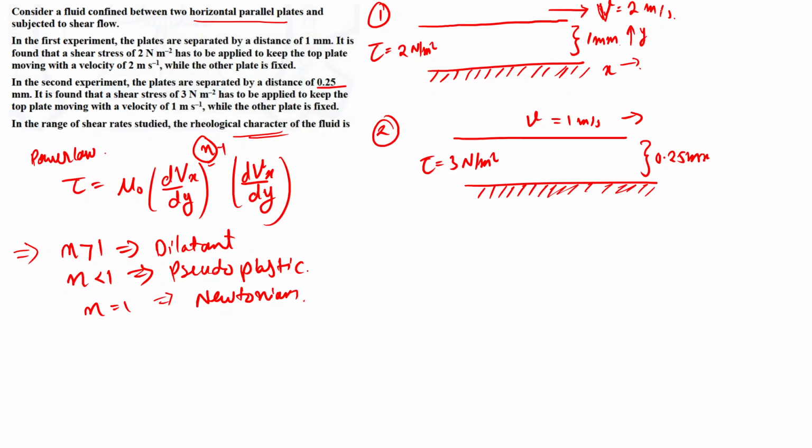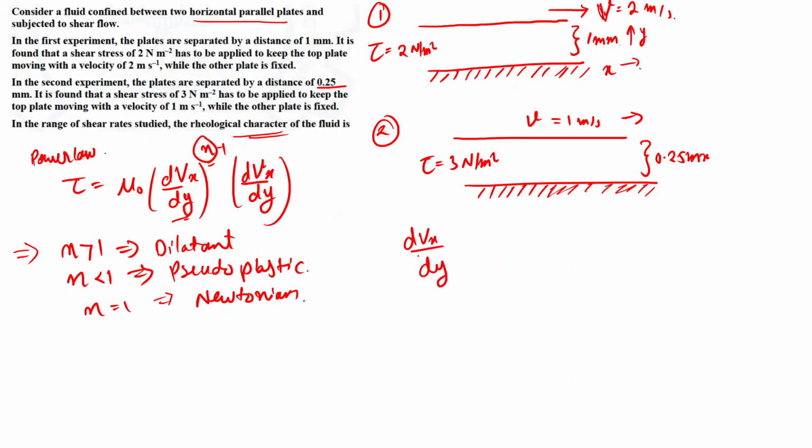From that we can calculate this strain rate, or the velocity gradient, and then replace it in this equation with the desired data that has been provided, and then find the value of either mu naught or n. So let's do that. First we need to find the value of this dvx by dy.